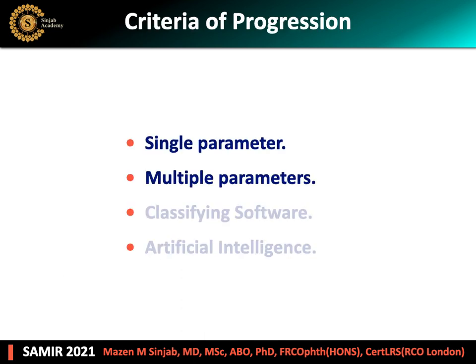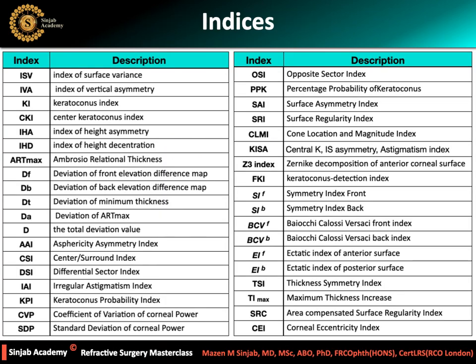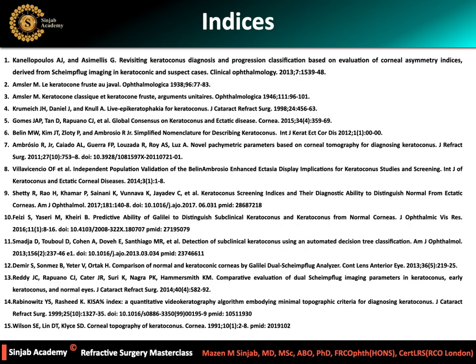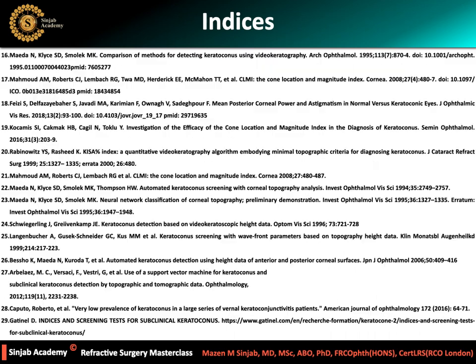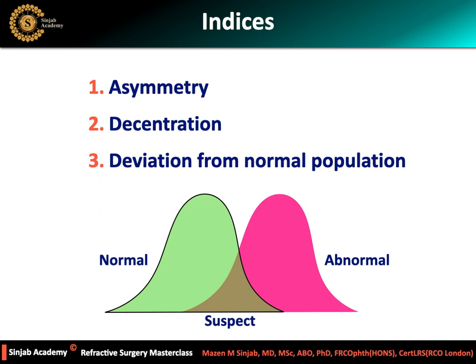Therefore, there must be multiple parameters to be considered rather than single parameters. Many indices were developed in many machines. Every machine has its own indices, and each index is a complex of parameters in order to get a better description of what is happening in the cornea itself.